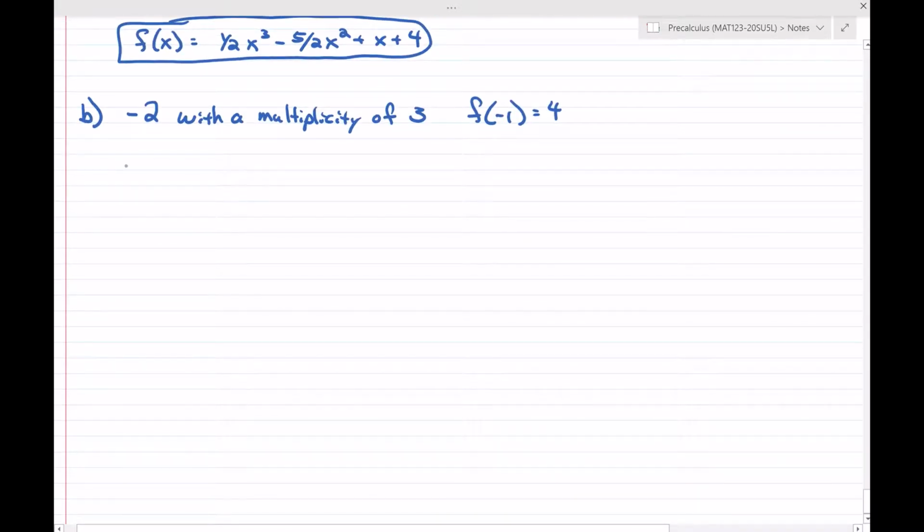Well, that means that f of x would equal a times, well, multiplicity of 3 means that -2 is a root 3 times. So let's turn those into factors. And then we could distribute those.